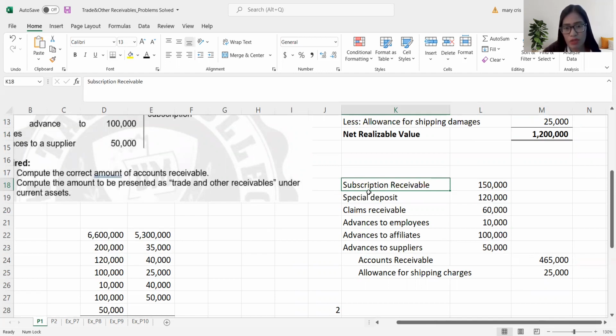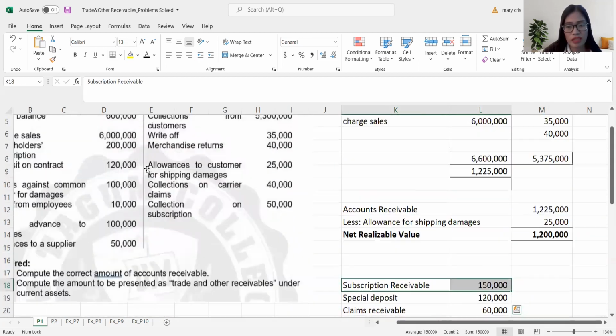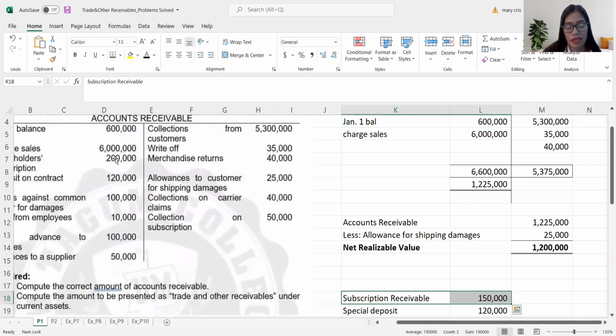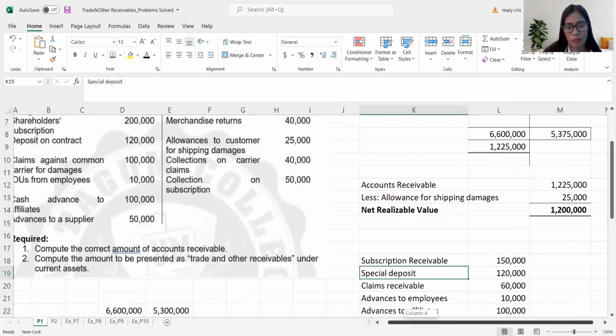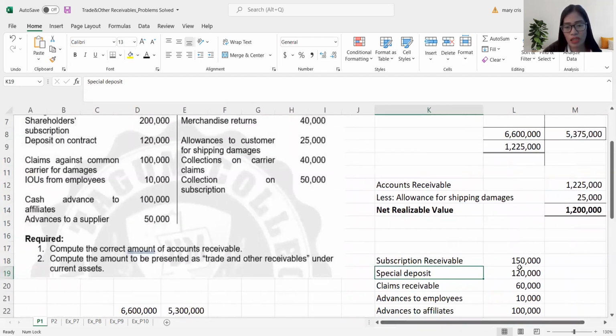These are the items to be debited. We should debit subscriptions receivable, related to the 200,000 shareholder subscription minus the collection. You also have to debit the special deposit, for which I just use the account title special deposit, in the amount of 120,000.